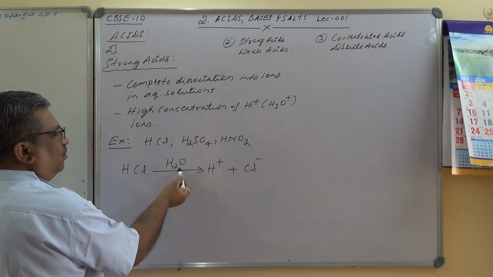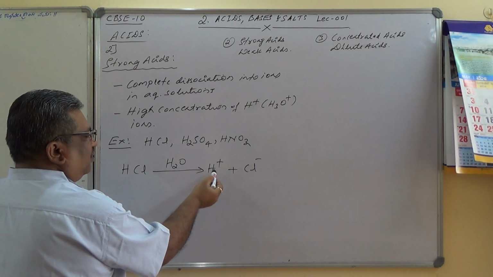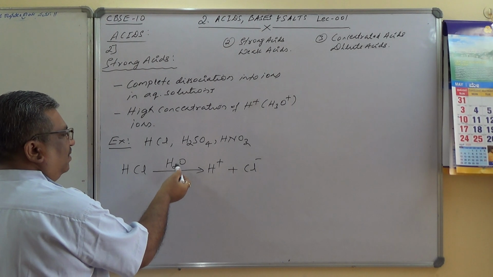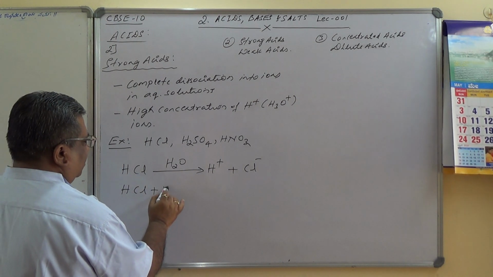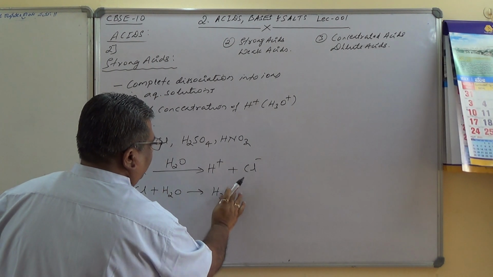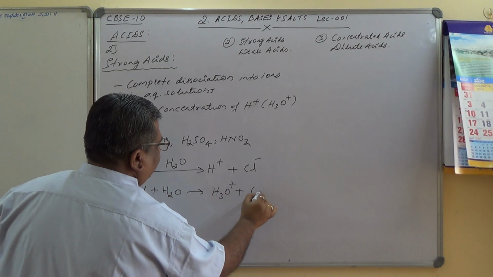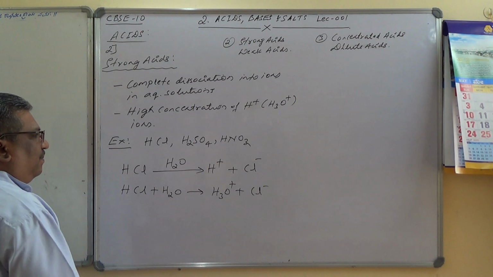But H plus being unstable, it will combine with a water molecule to form hydronium ion. So sometimes we will write HCl plus H2O gives you H3O plus ions plus chloride ions. Understood? So this is also we can write sometimes.